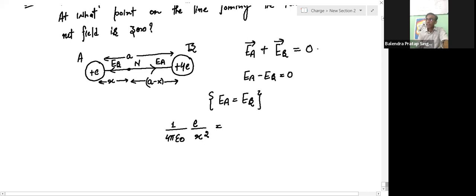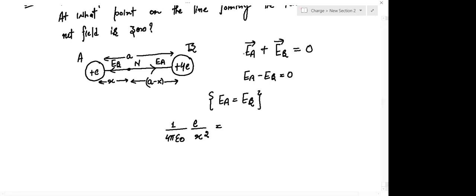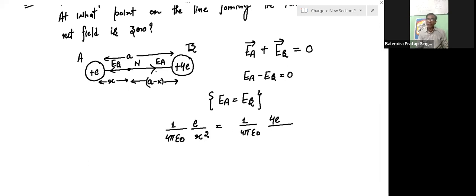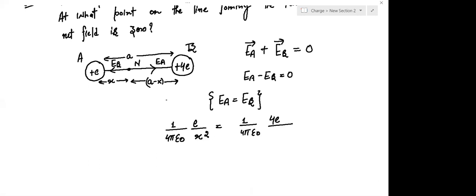And what about EB? 1 over 4 pi epsilon naught, 4E divided by... let's again see the diagram. A minus x square.